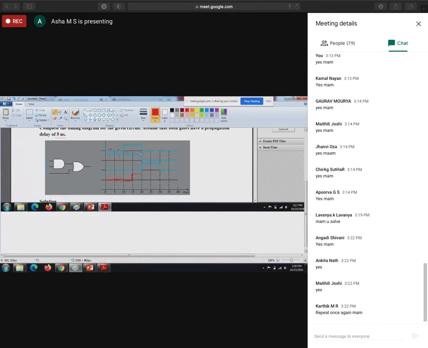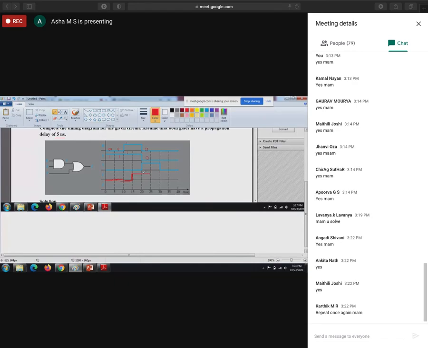Now you see, again at 20, W is changed from 1 to 0. Even X is changed from 1 to 0. Immediately at 20, V is not going to change. It will add 5 nanoseconds.